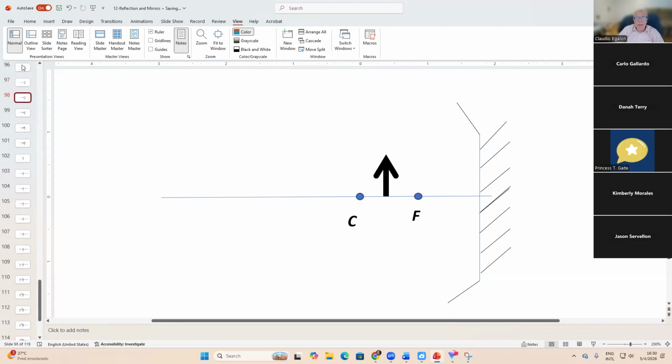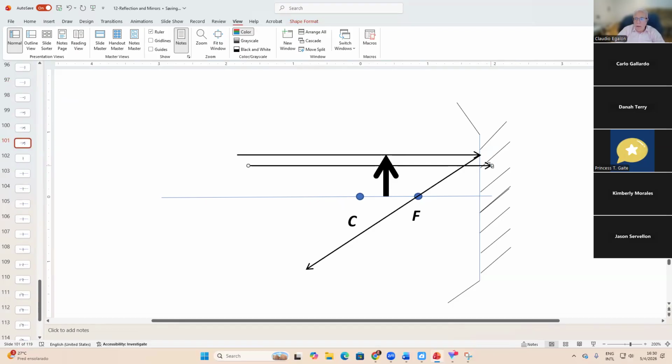Okay, focal point. Now we put the object. Light ray, parallel to the axis, passing through the focal point. Next is a light ray incident that passes through the focal point, like that. Here you go, right?